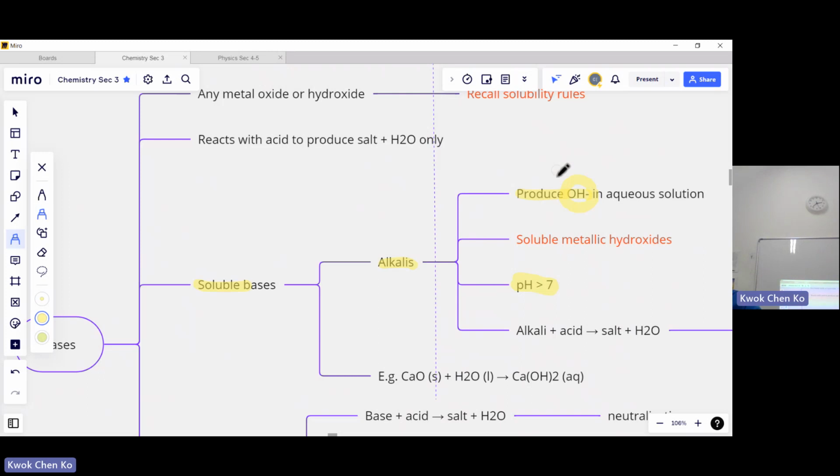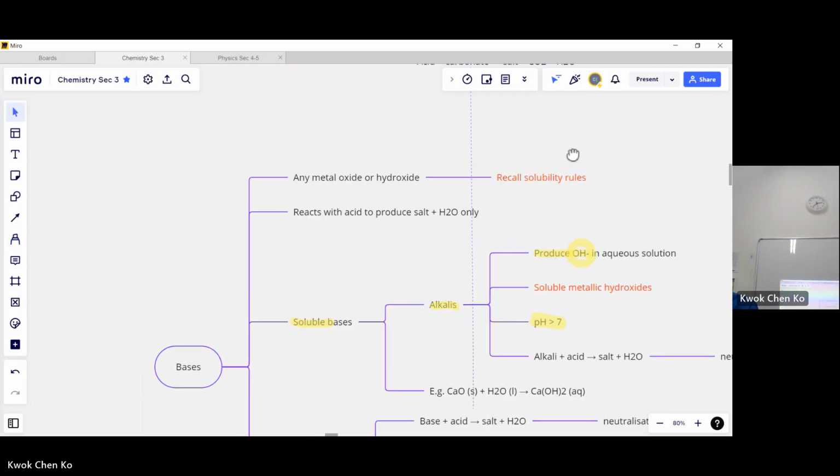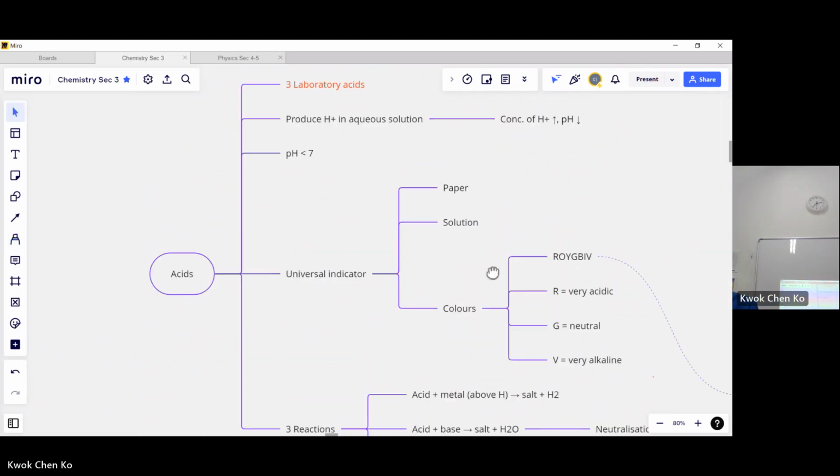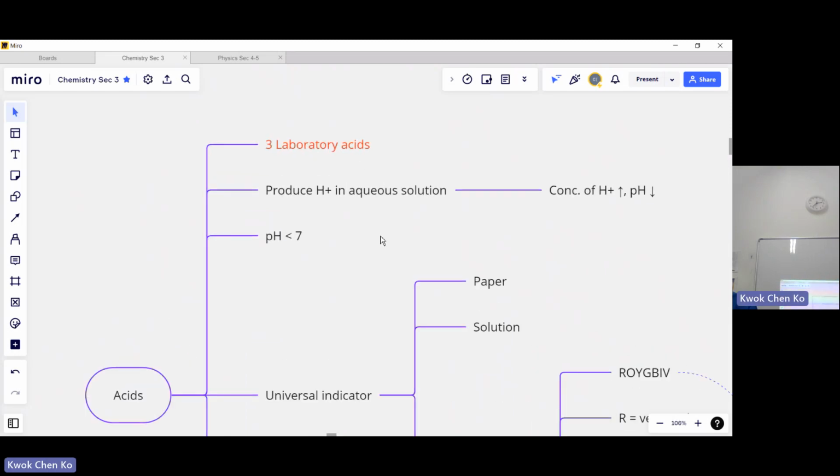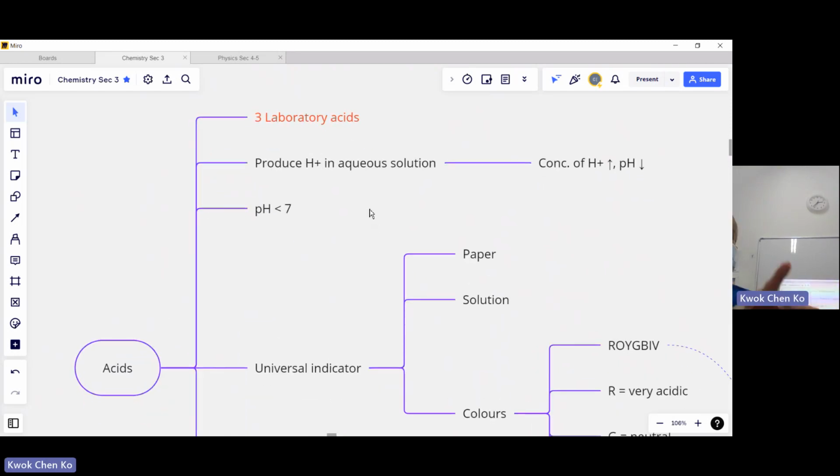Now, of course, in reverse, for acid, by the way, by definition, acids are all soluble in water. And of course, you should know this, pH is less than 7. But also importantly, they produce H+. Okay, basic stuff.